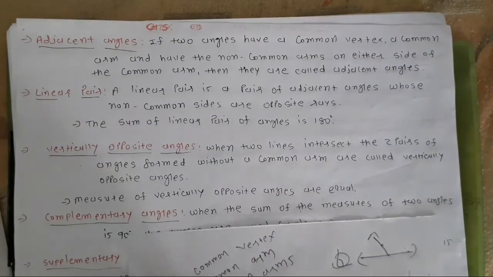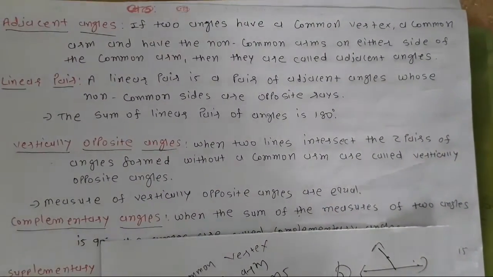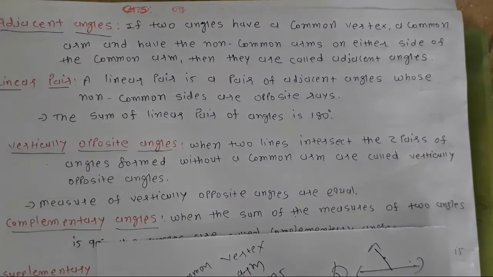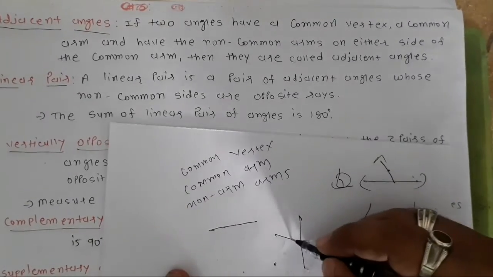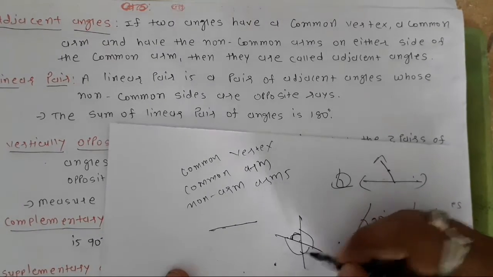Now vertically opposite angles. When two lines intersect, the two pairs of angles formed without a common arm are called vertically opposite angles. For these two arms, for example, these are called vertical angles.